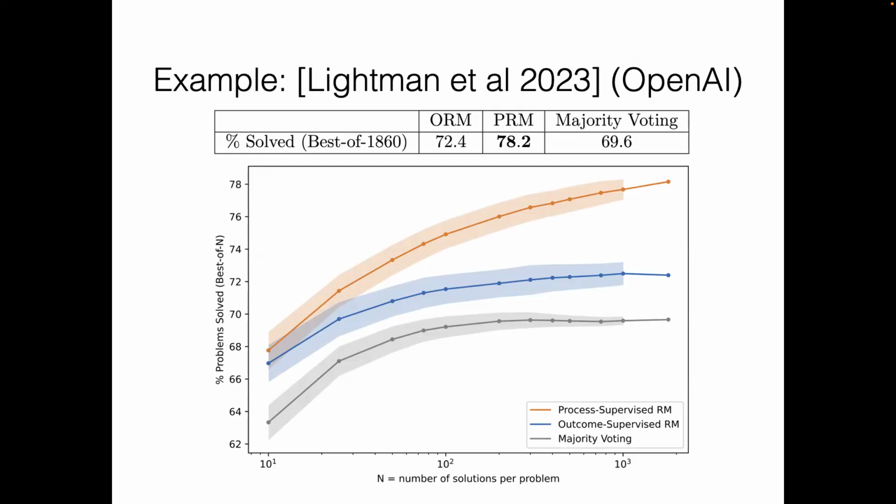You could take the average score across all the steps, or you could take the minimum score. That's basically saying if the model predicts that any step was incorrect, then you give a low score to the full solution.